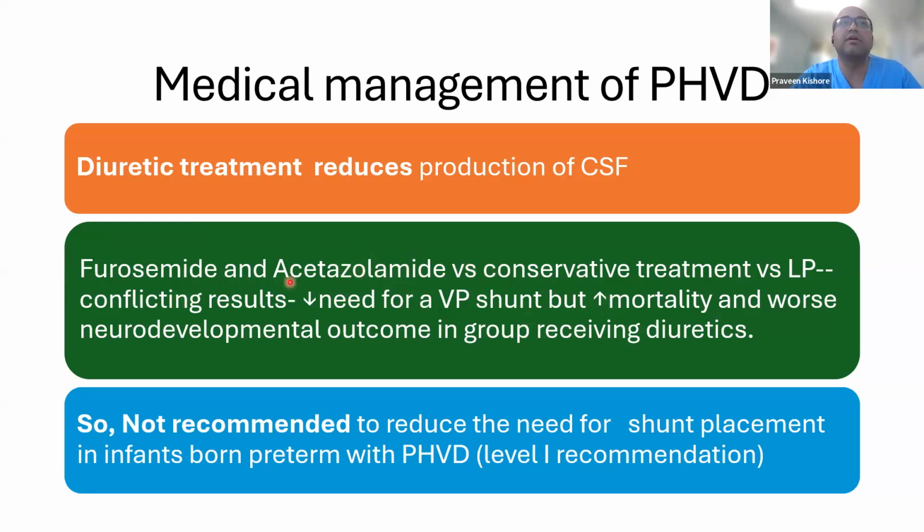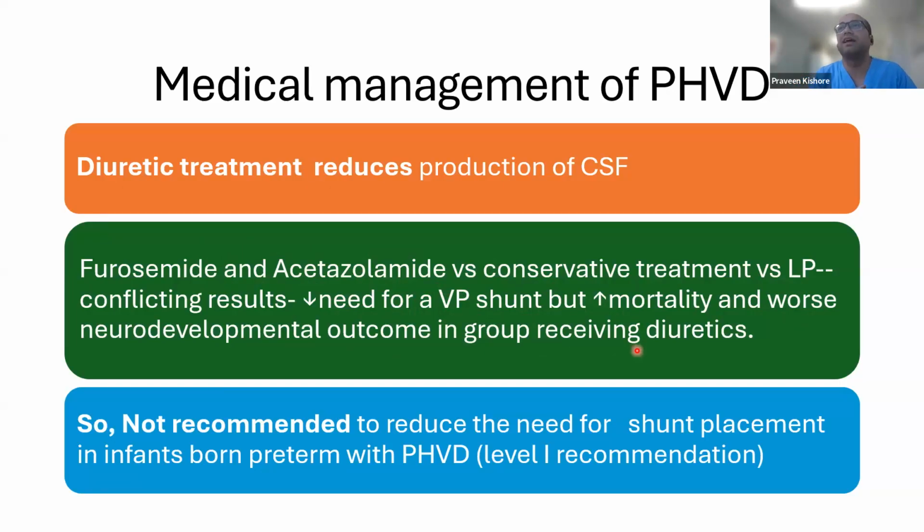But the studies comparing furosemide versus acetazolamide versus conservative treatment versus LP showed that you may have a reduced need for a VP shunt, but mortality increases and neurodevelopmental outcome is worse in the group that receives diuretics.